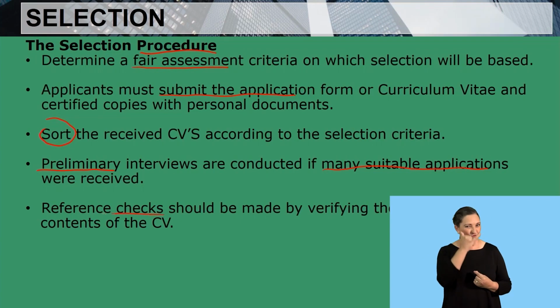and then they can qualify for the next interview. The business must then do reference checks to verify the contents of the CV. Here, the human resource manager will simply call your previous employers to check what kind of an employee you are, and whether you are good as an employee or not.